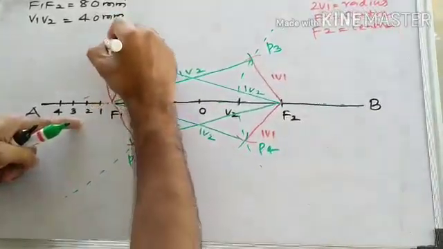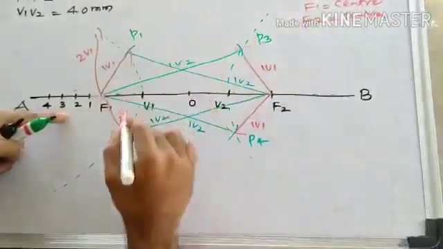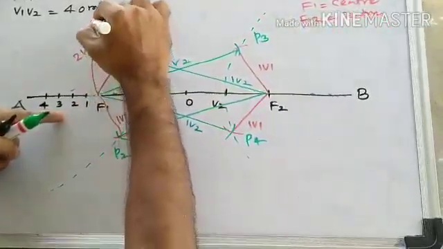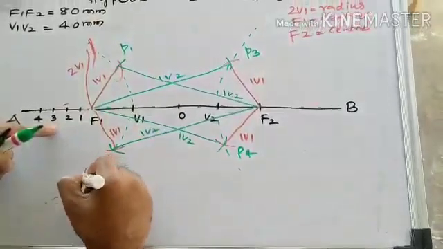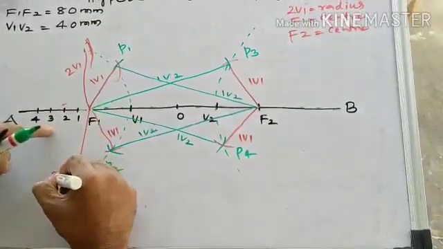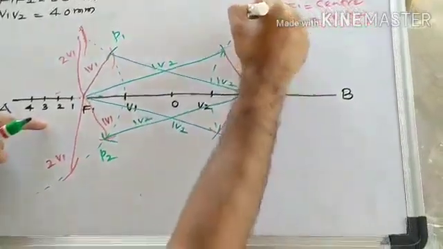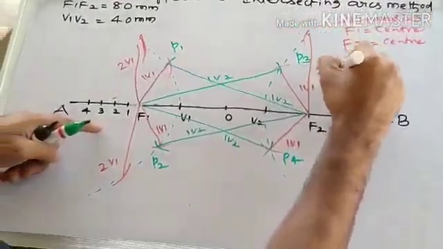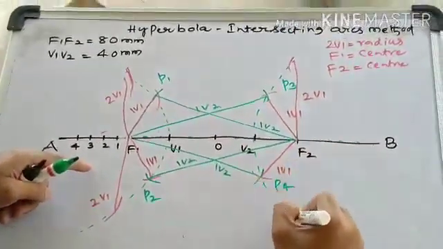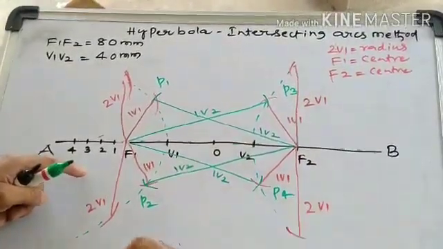What is the radius? 2 V1. Here also I draw another arc. Similarly, F2 as a center, 2 V1, one arc. Then another arc, 2 V1.